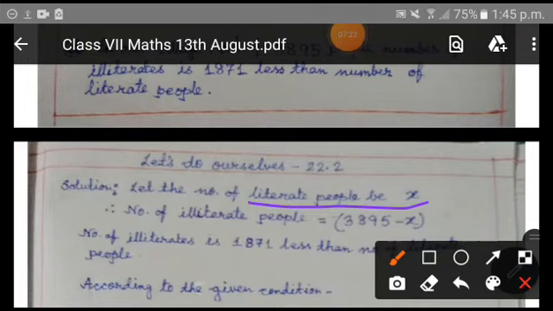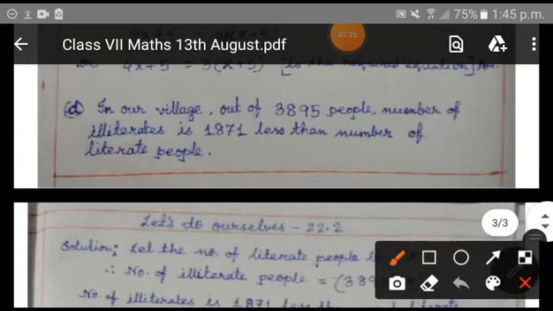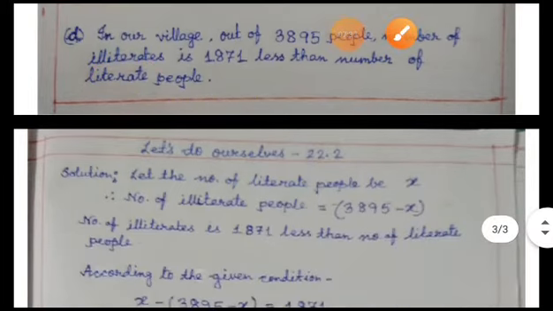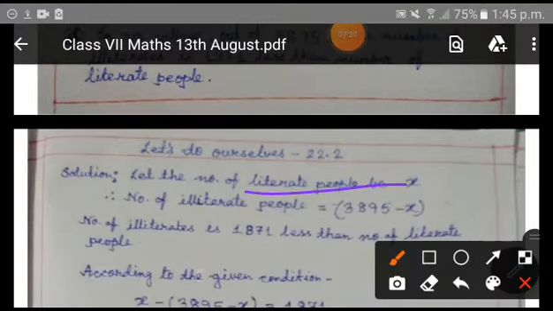Like in this particular question, the number of illiterates is dependent on the number of literate people. So that is why the literate people has been considered as x. The number of literate people is taken as x. So the number of illiterate people will be what? 3895 minus x.